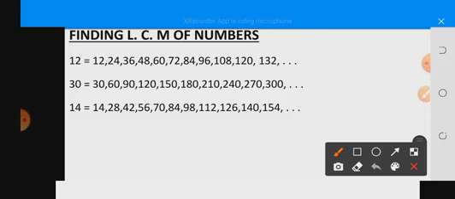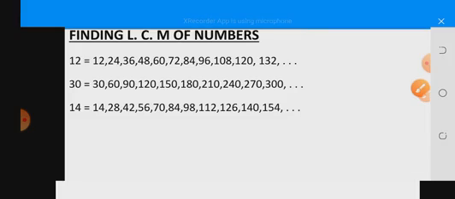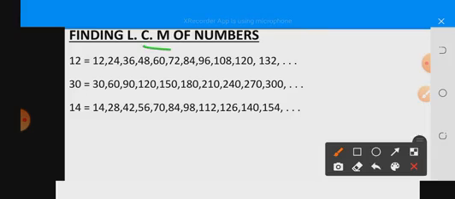In the first part of this video series, we explained what multiples are, and from multiples we spoke about common multiples, before explaining what we mean by least common multiple.